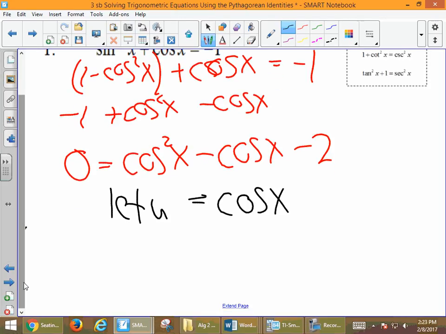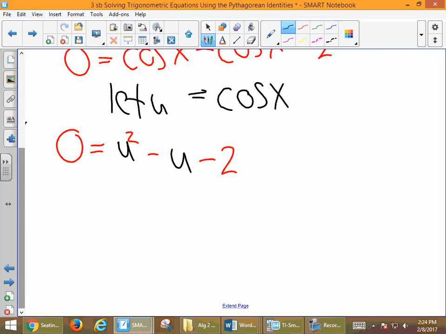Every time we see a cosine, we're going to turn it into u. So we have u squared minus u minus 2 equals 0.